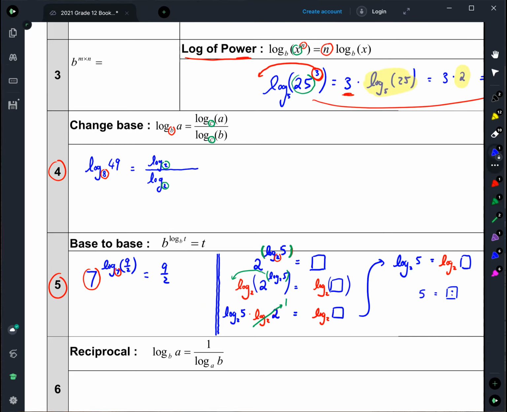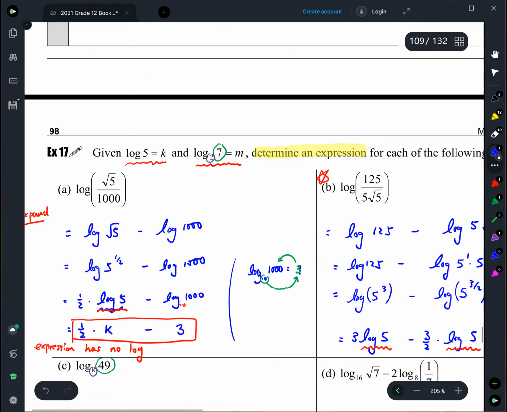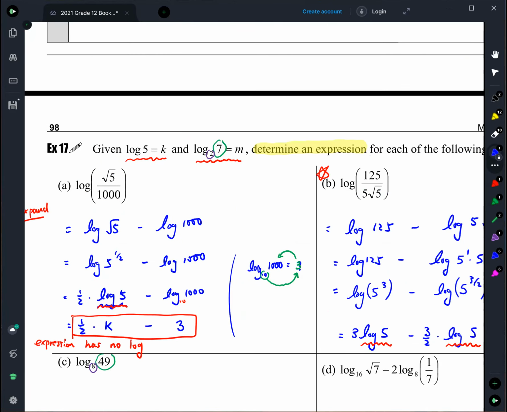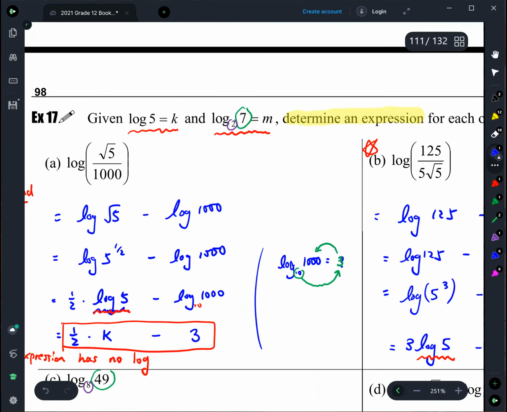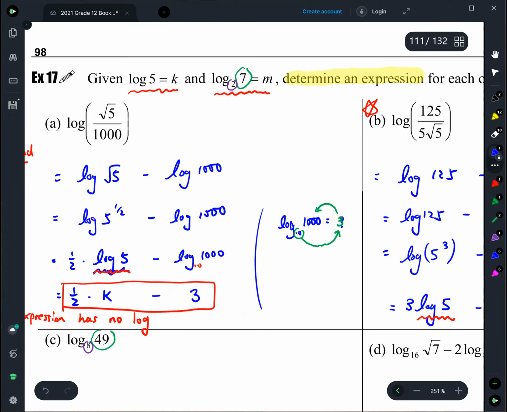Now, what number should go on the top? Susan? Wait, could you explain why we get a new base of 2? We choose the base of 2 because the question has log base 2 of 7, and the base 2 has more connection to the 8, right?